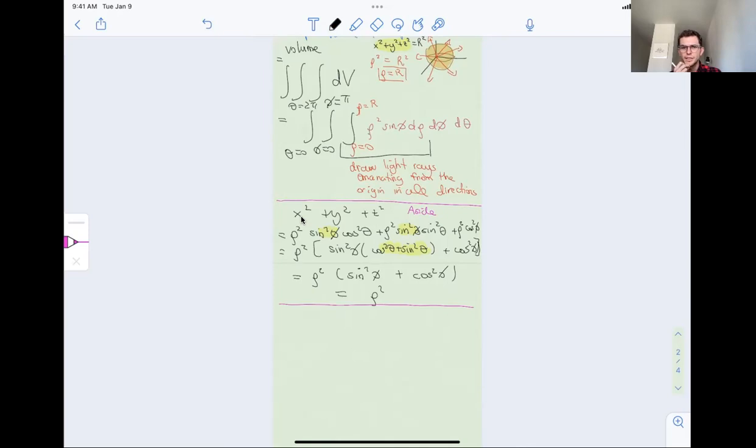And now this is an easy integral to do because first you're integrating with respect to rho. So what's the integral of rho squared? It's rho cubed over 3, right?